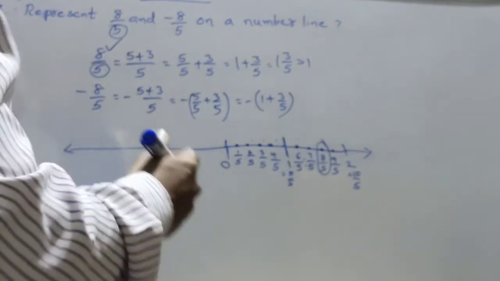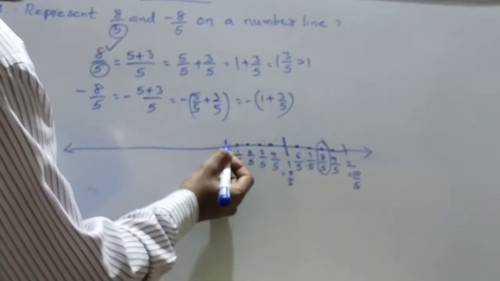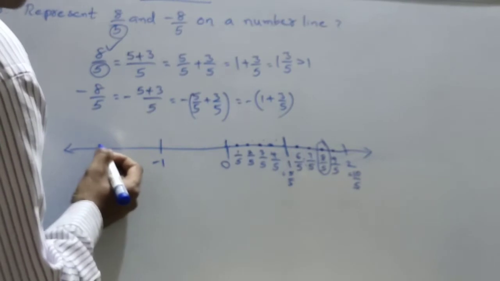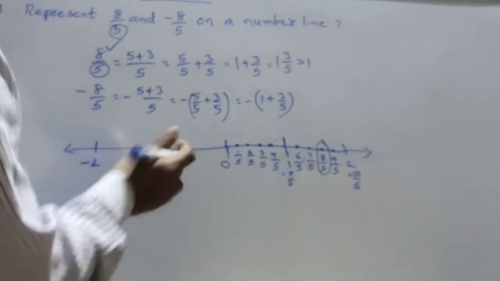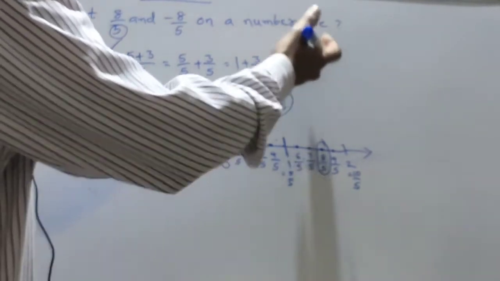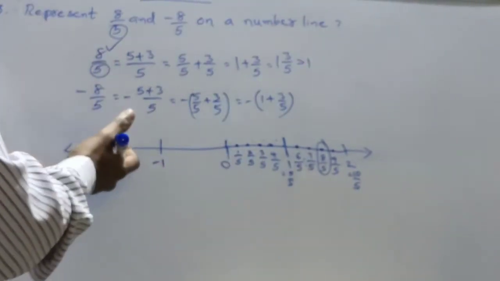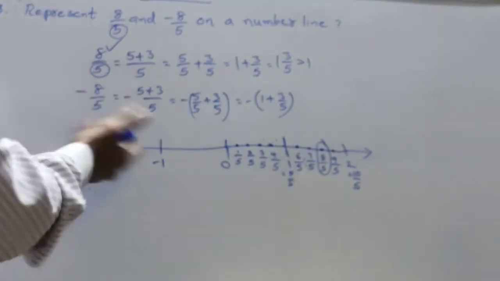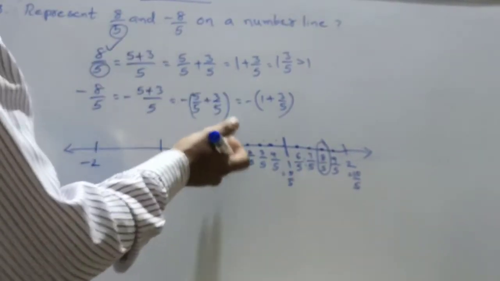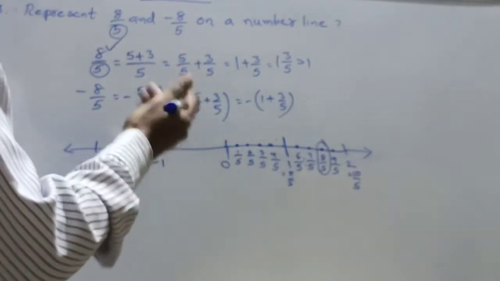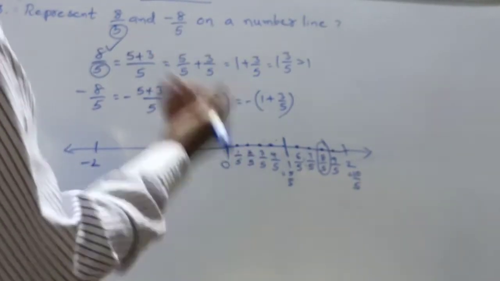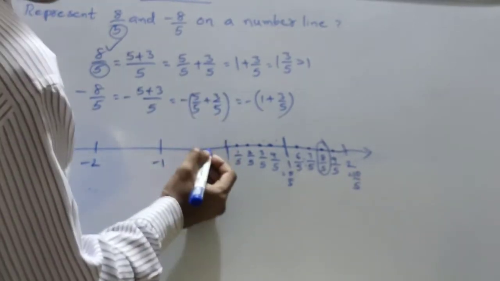Next, on the left side of 0, keep 2 units, -1 and -2. Why only 2 units? Because 8 by 5 is located after 1, and here -8 by 5 is located after -1, so we take only 2 units. Again 0 to -1 is divided into 5 equal parts.